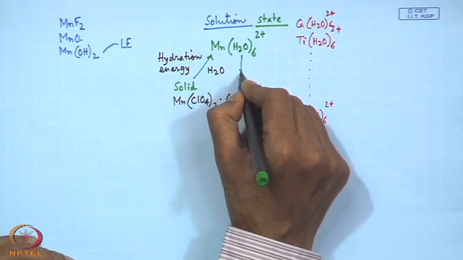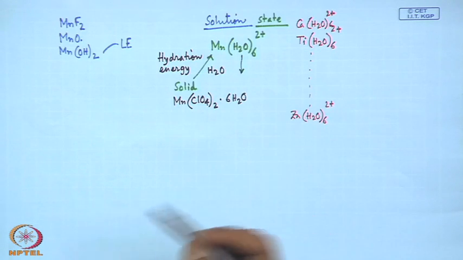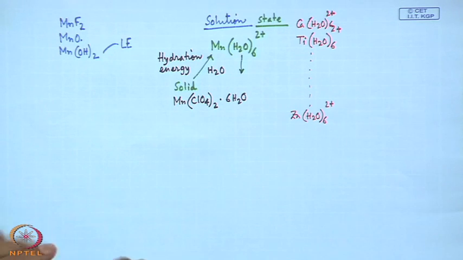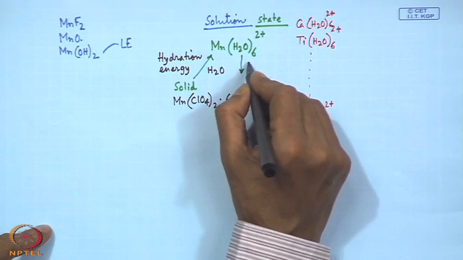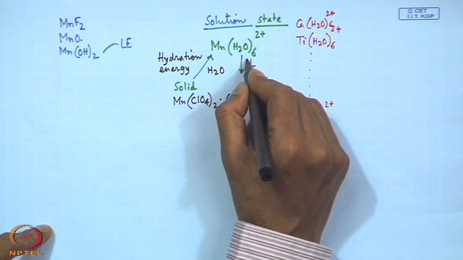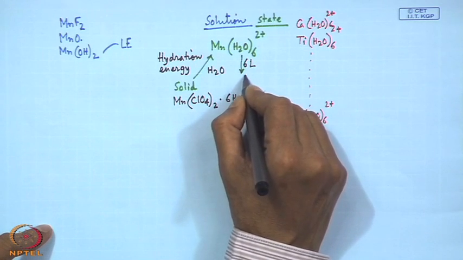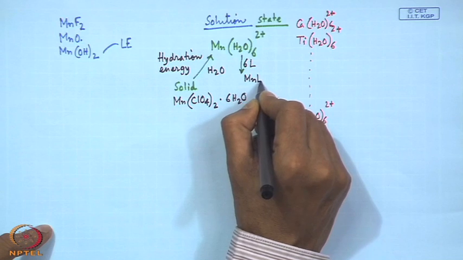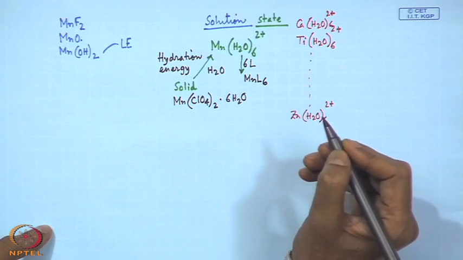is the starting point for the complexation reaction, and when we add certain ligands to it, if they are 6 in number, then this manganese can form the corresponding MnL6 species.